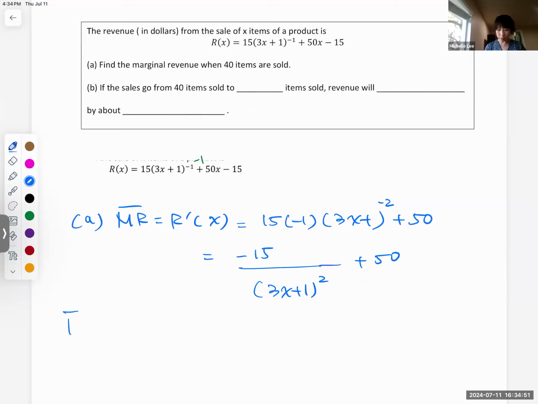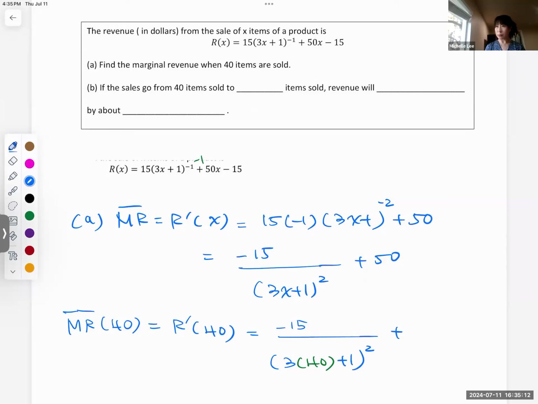So marginal revenue at 40 equals R prime of 40. We have negative 15 over 3 times 40 plus 1 squared, plus 50.